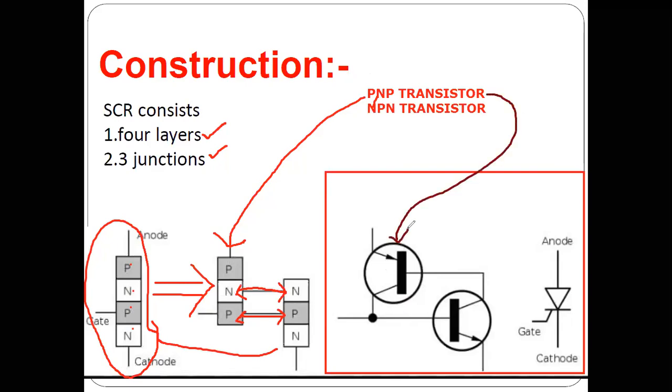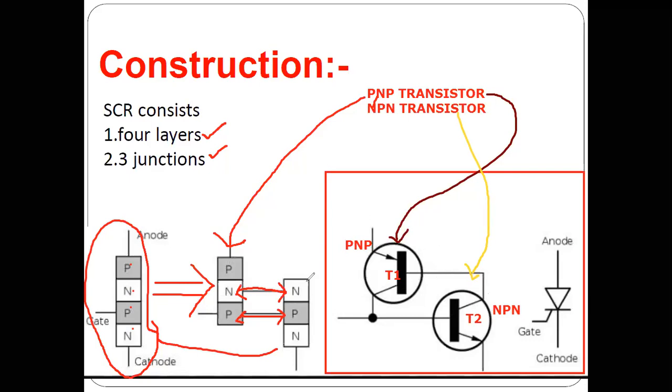The other transistor, the NPN transistor, is this one. You can label these as transistor T1 and transistor T2. So how many transistors do I have now? Two transistors. This is what the two transistor theory model says.